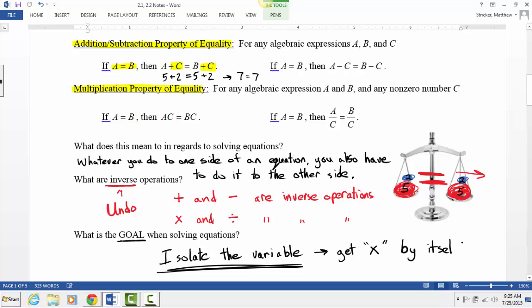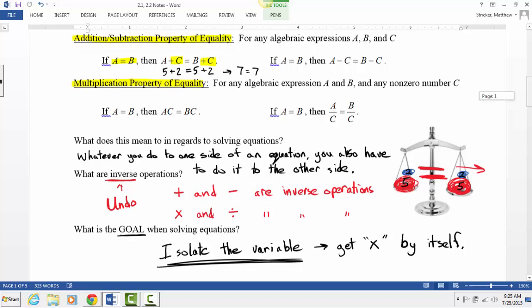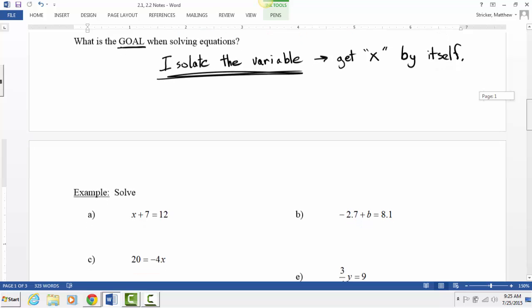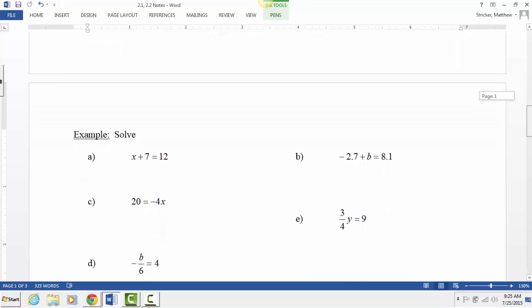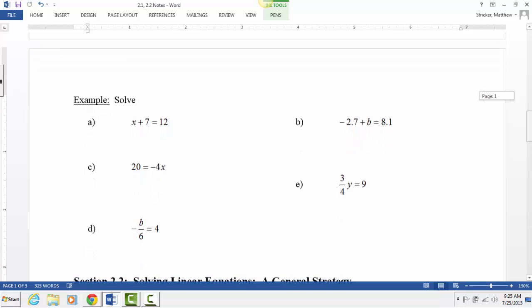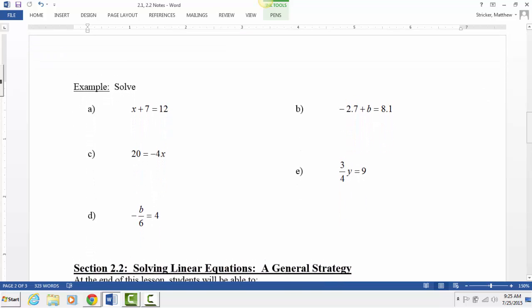Plain and simple, that's what we have to do. We have to find out what that value of x is. We have to get it by itself. And again, a lot of you I think have done this before, but we're going to review it, we don't want to leave anybody behind, so we're going to review even the most basic of solving equations. If this is easy for you, great. You're going to be ready for the more difficult stuff.